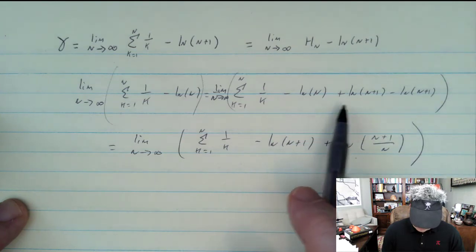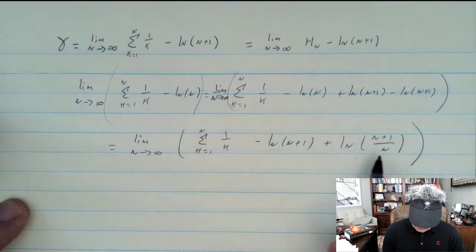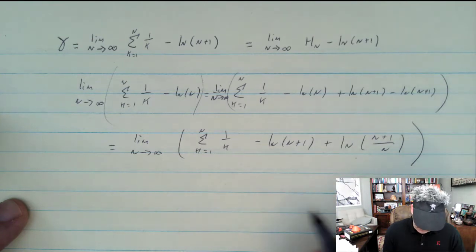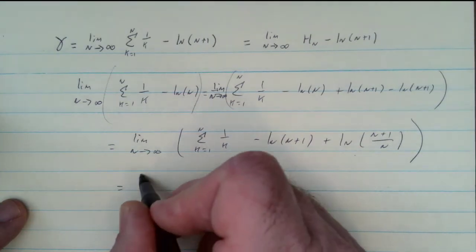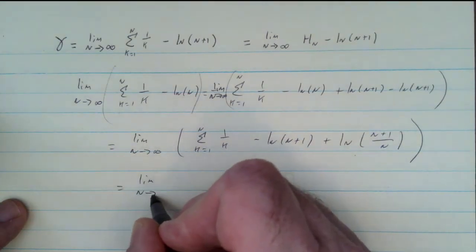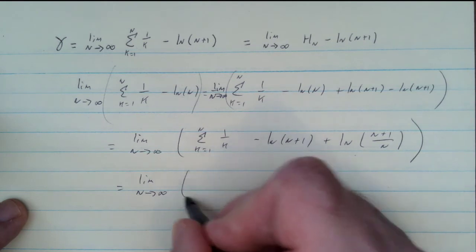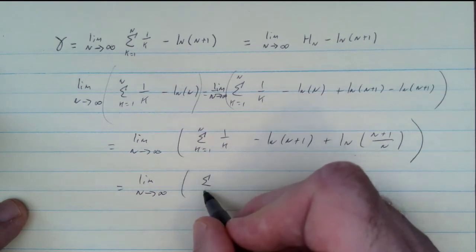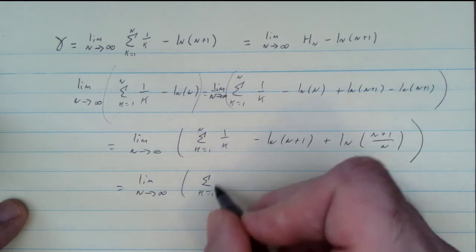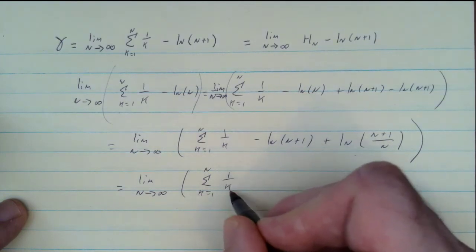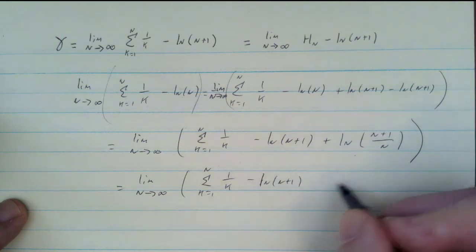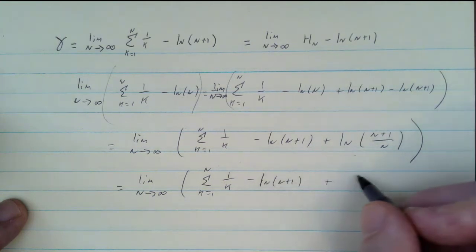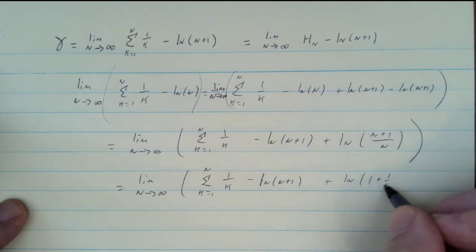Right, so this log minus that log, subtraction on the outside is division on the inside. And then, of course, this goes to 0. I guess I'll do one more step here. Limit n goes to infinity. I should just call it hn, but I guess one more time. Writing that, minus log n plus 1, and then plus the log of 1 plus 1 over n.